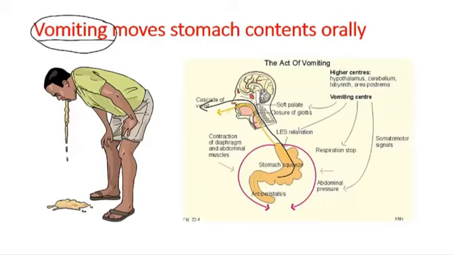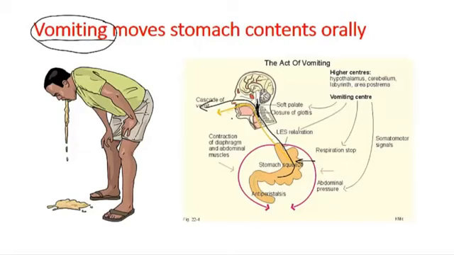This vomiting reflex can be stimulated by multiple factors. It could be excessive stretching of the stomach, which depends on physical activities as well as some emotional activities. Abnormal vestibular stimulation like seasickness, urogenital pain like testicular pain, or any other painful injuries can also stimulate vomiting.